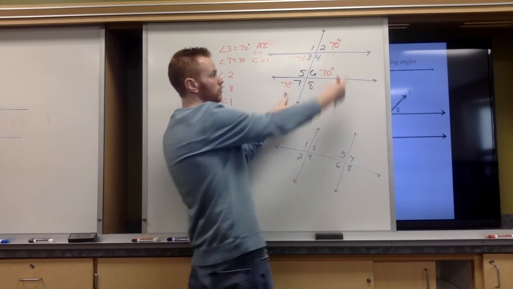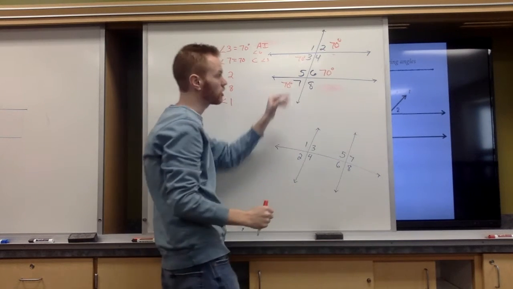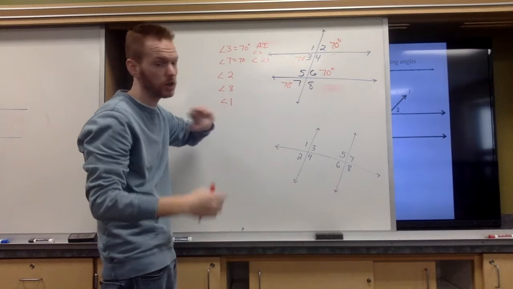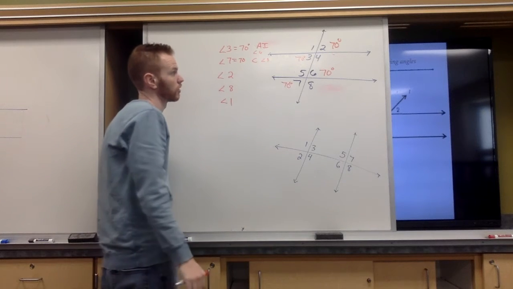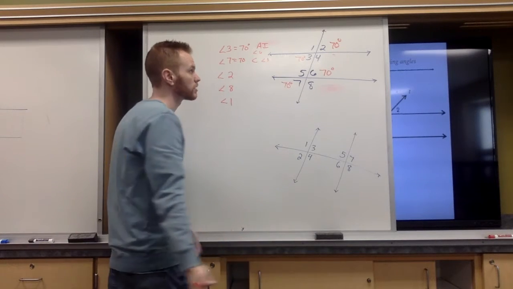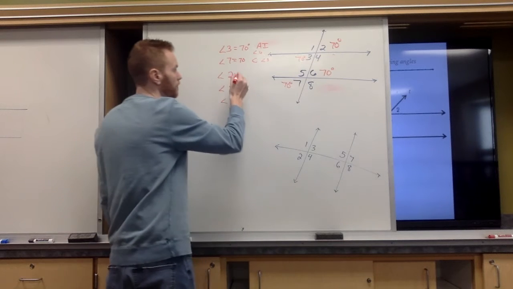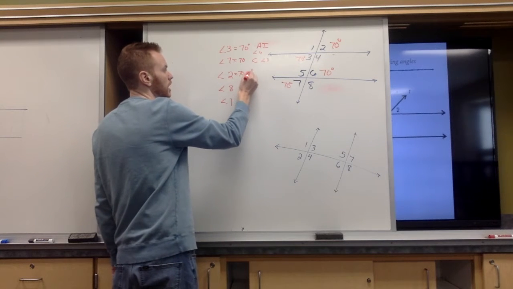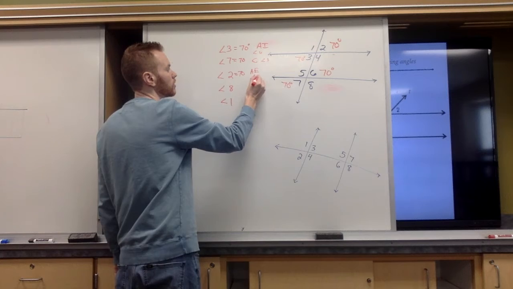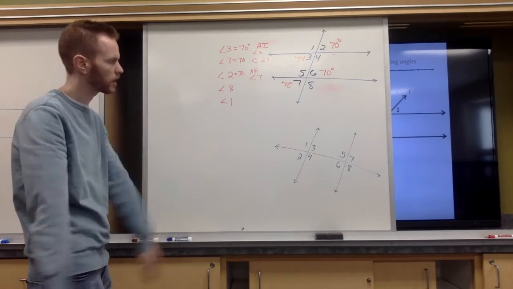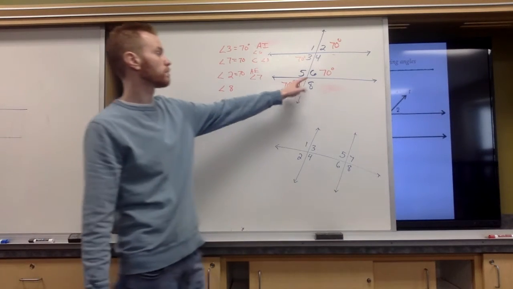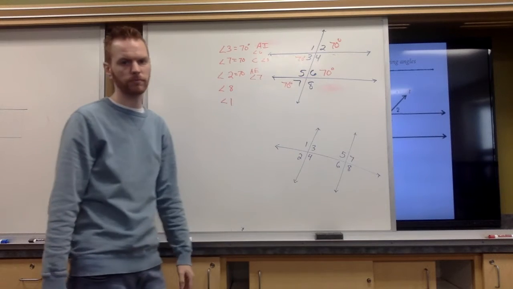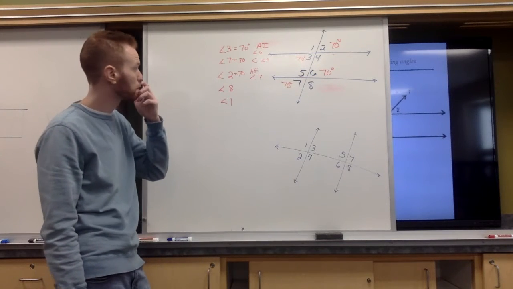Alternate means left and right. Exterior means they're outside of two lines. So we know alternate exterior angles are congruent. So I can pick any of those reasons to support that. So I'll put 70 degrees, and I'll put alternate exterior to angle 7. That's one thing I'm picking out. I could have said corresponding or vertical. Okay, but you just got to pick one reason.